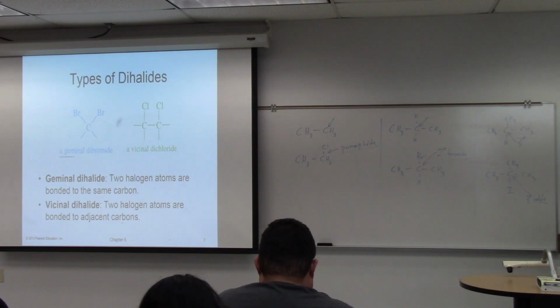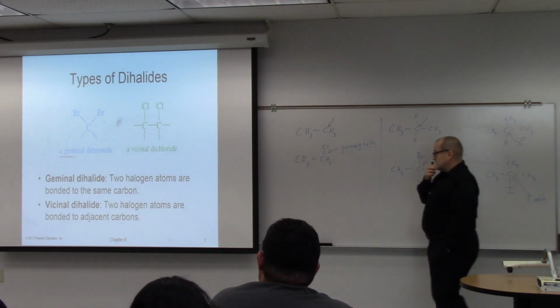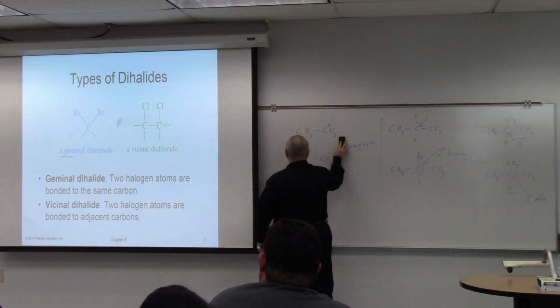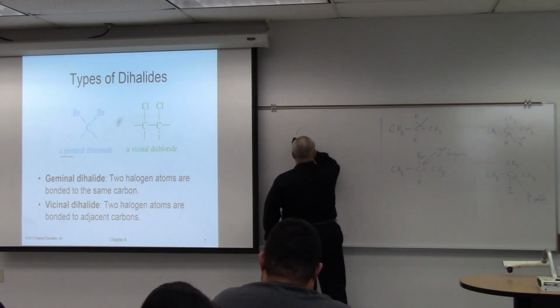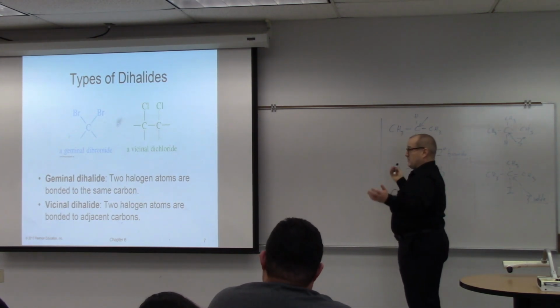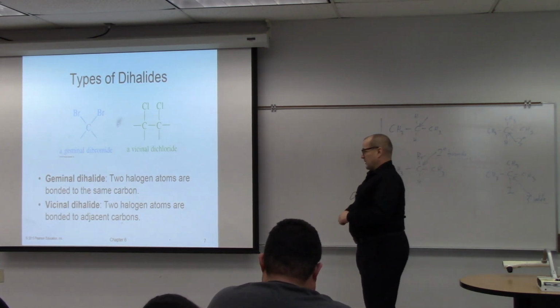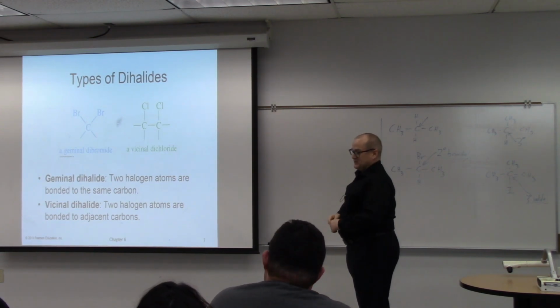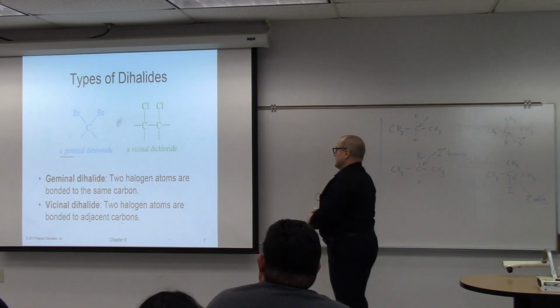Types of dihalides. Geminal versus vicinal. I've put this question on my exams before, and I'm surprised some people always get it wrong. So like a 2-point question. Label them as vicinal or geminal, and people usually get them backwards.